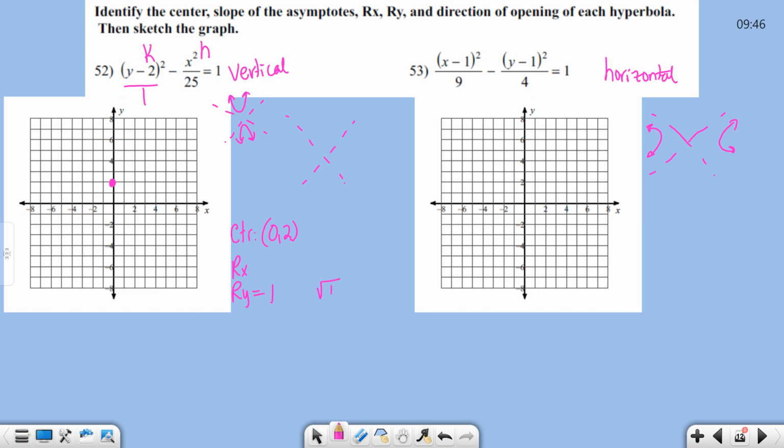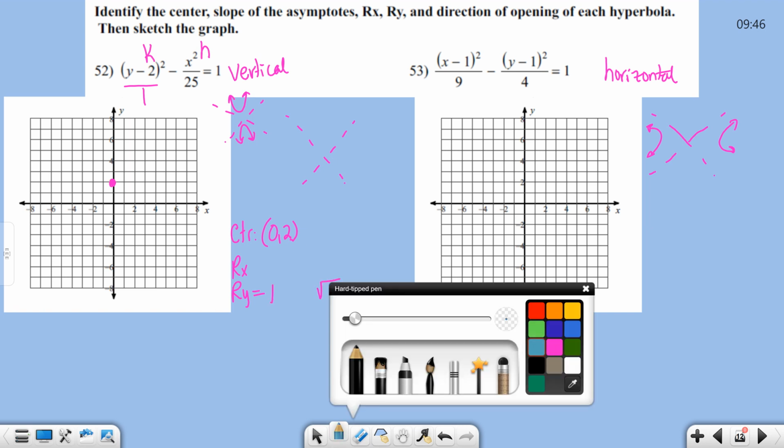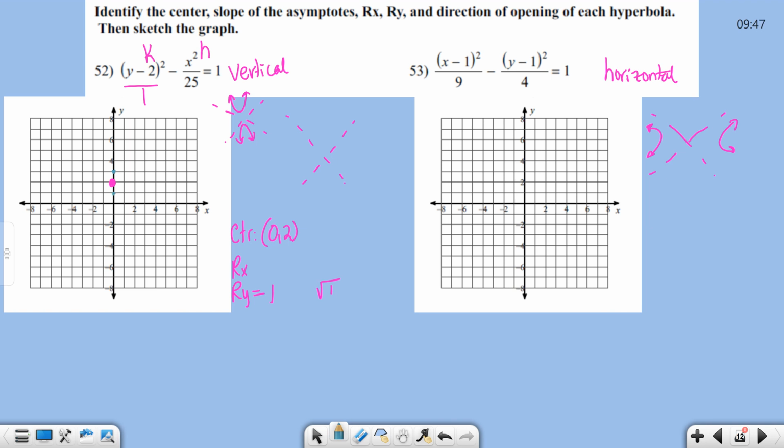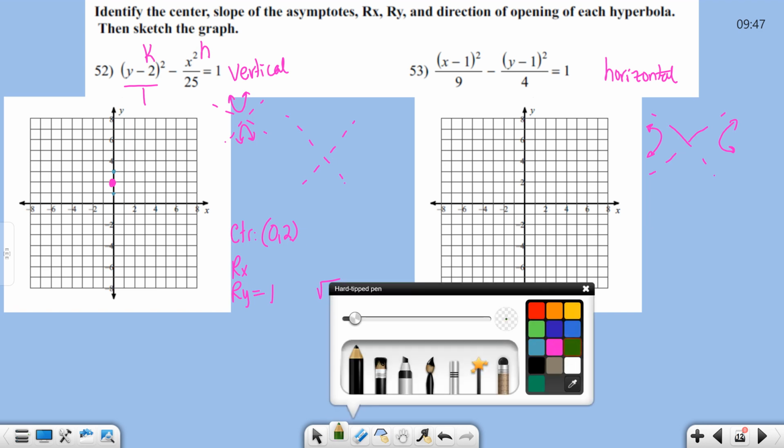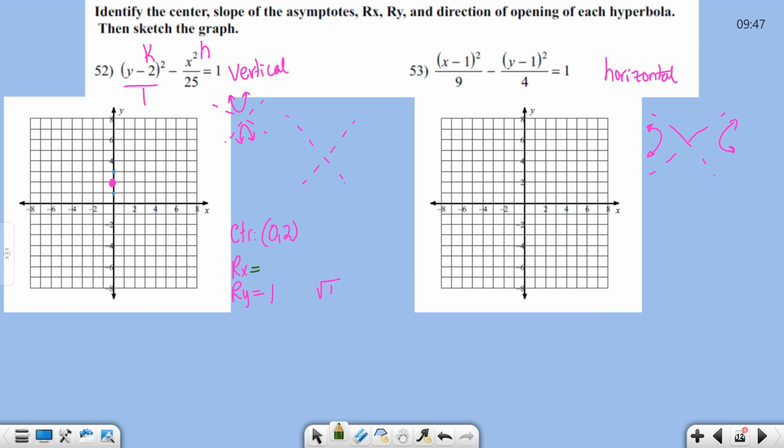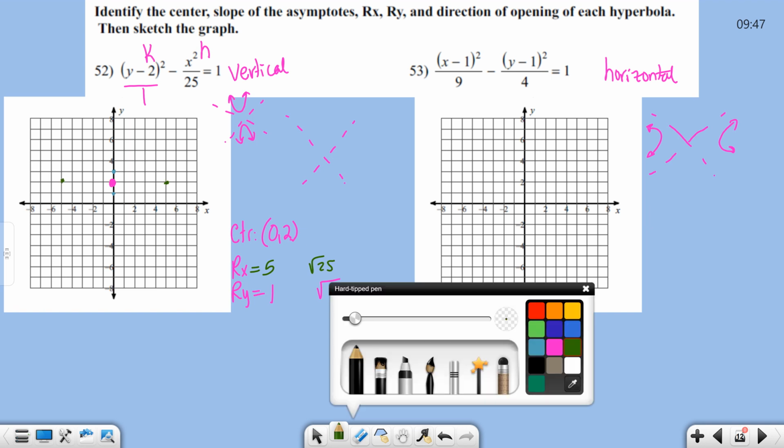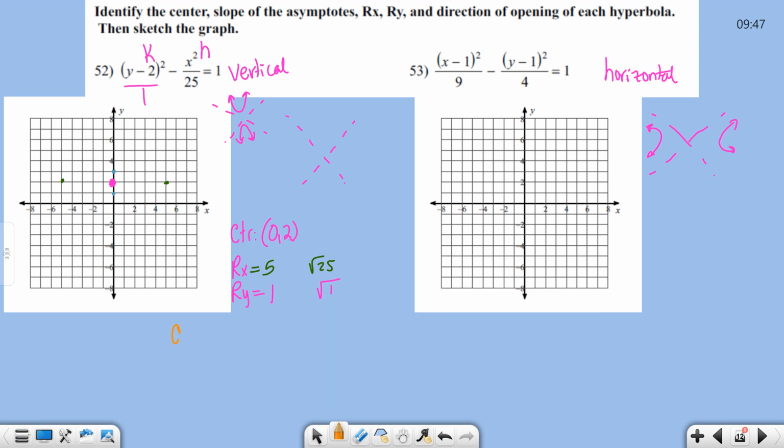So the square root of 1 is 1 for the y's. I'm only going up and down, even though it says it's going to be vertical because the y is first and positive. I'm only going up and down 1 unit from the center. And then for my x's, rx is going to be the square root of 25, which means I'm going out 5 units left and right from the center. Okay, slope of your asymptotes.